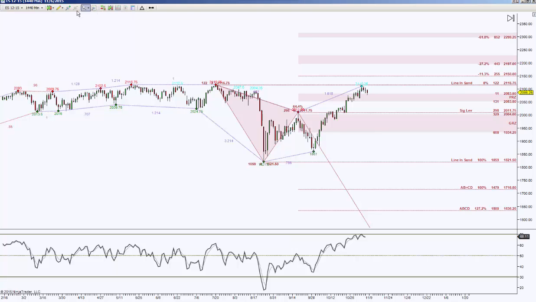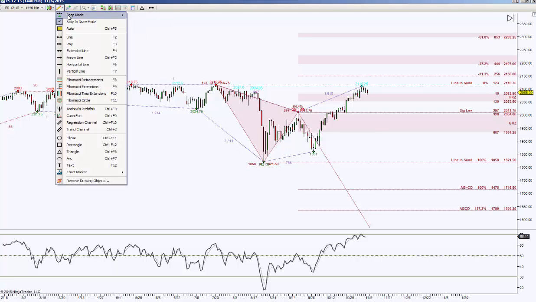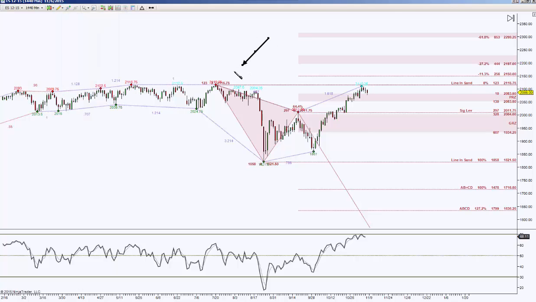And so what they do is they offer us 3 points of interest. We have this point, and this point of the triangle.